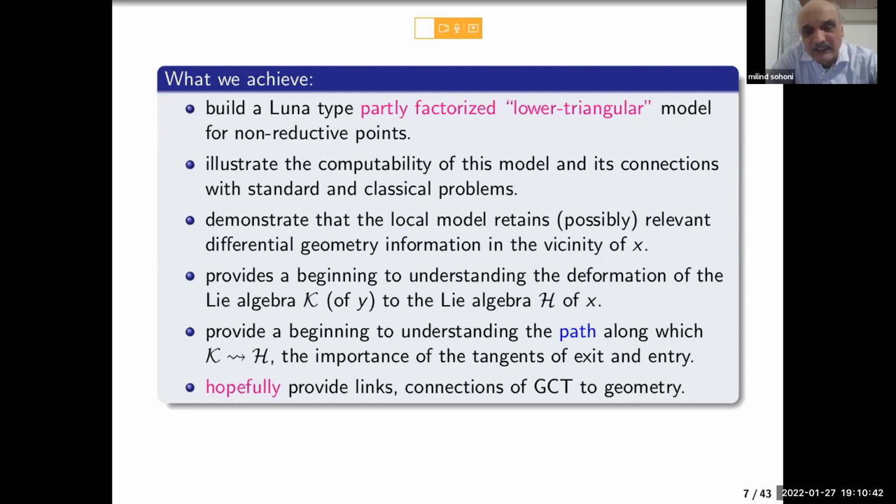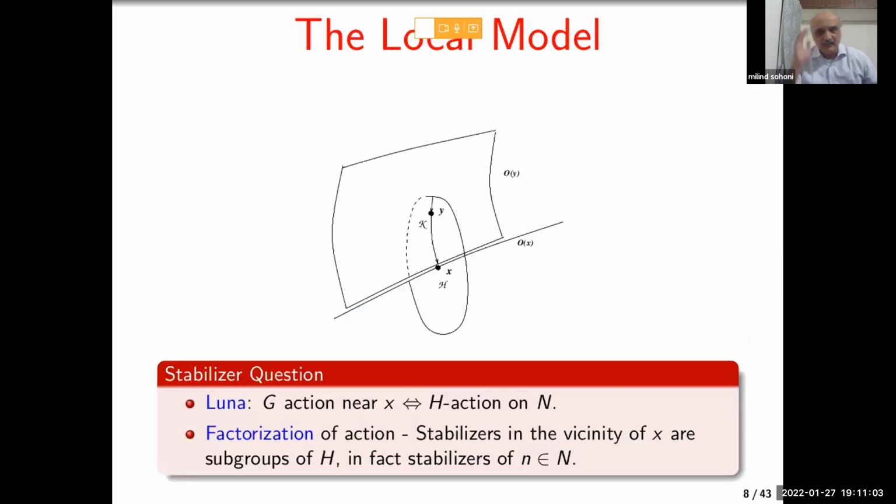And we hopefully provide an entry into understanding how the deformation of the stabilizer of y actually works with H, and how this deformation travels along the path from y to x. So hopefully we provide some tools to understand the broader questions posed by GCT. So let me now come to the first part, the local model.